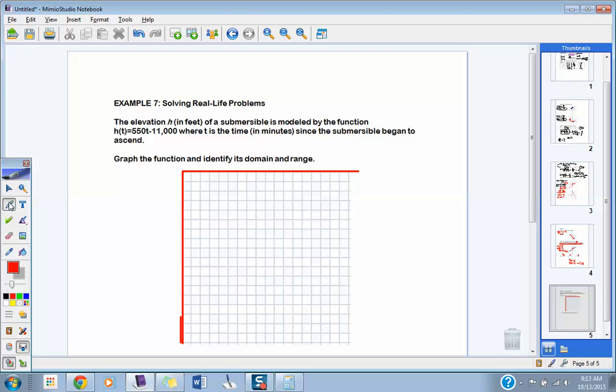I'm going to count by 1,000 for each box, but I'm just going to label every 5,000. 1, 2, 3, 4, 5. I'm going to label this negative 5,000 right here.